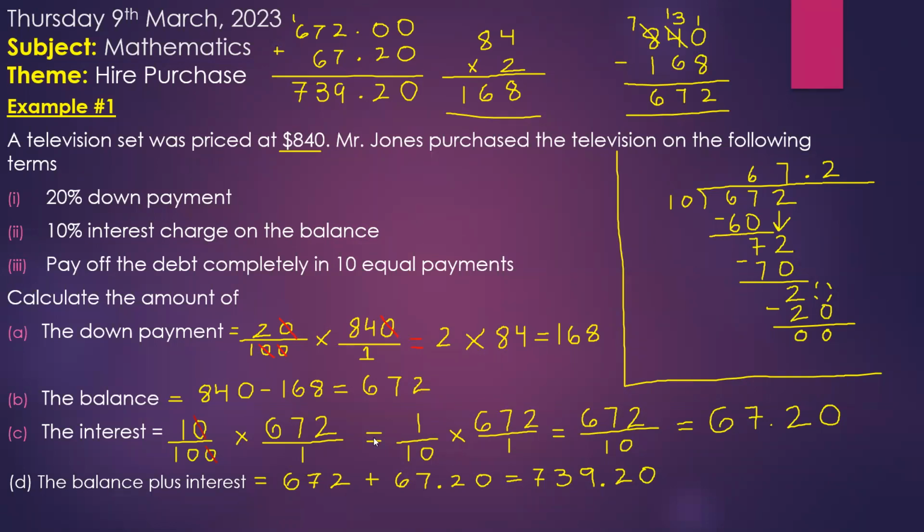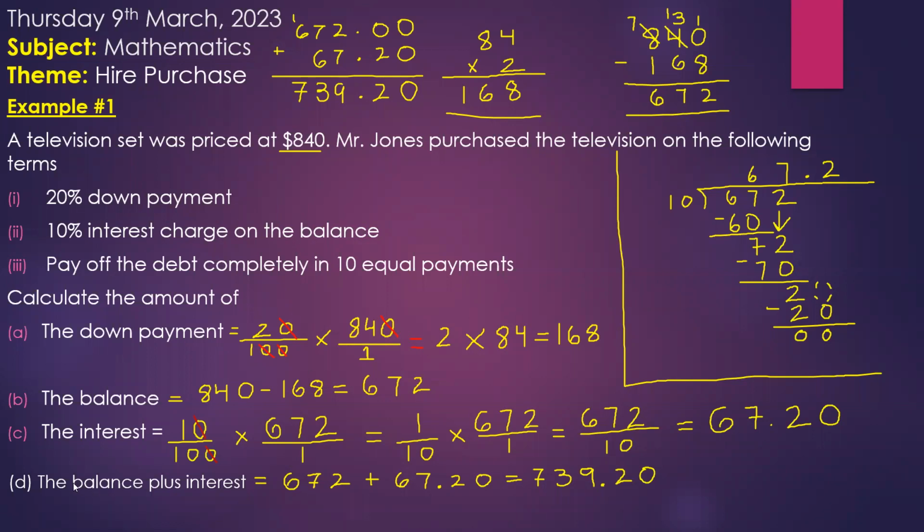You cancel the two zeros in 10 and 100, and that's 1 over 10 times 672 over 1, which is 672 over 10, which is 67.20. And then D, the balance plus the interest, which is 672 plus 67.20, which is 739.20. Very good. Thank you.